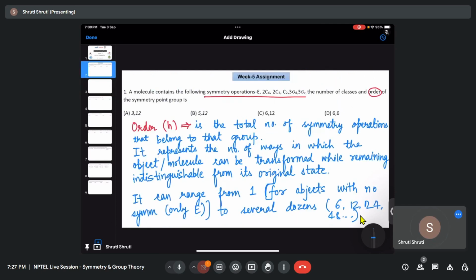So for this point group, the classes are 6 and the order is 12. So the answer should be C.